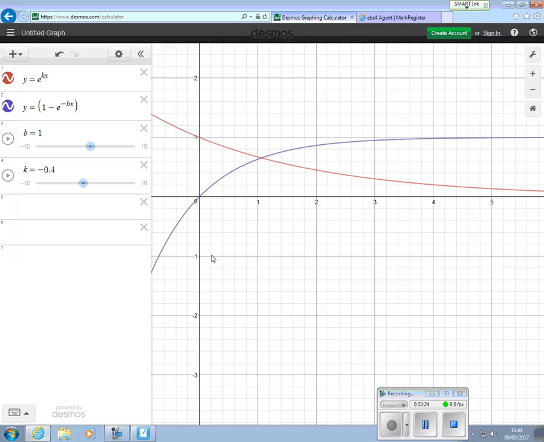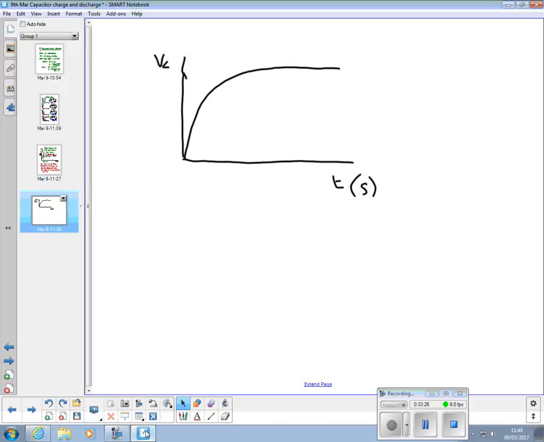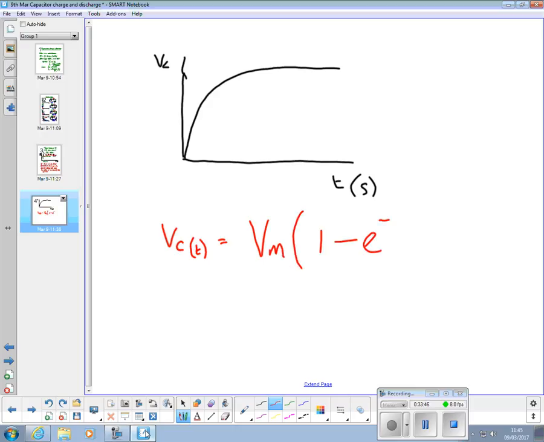So I'm going to go back to this now. What we have for that charging period is that VC at time t is equal to Vm times 1 minus e to the minus t over CR.